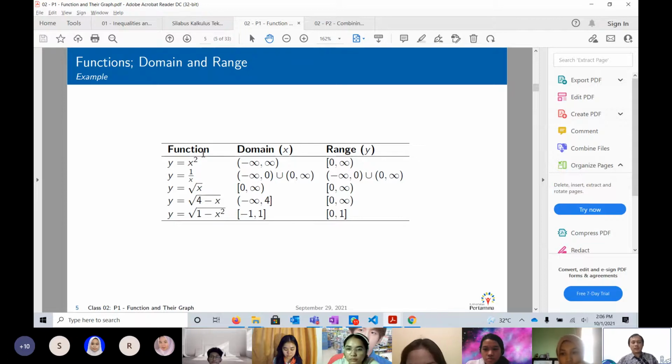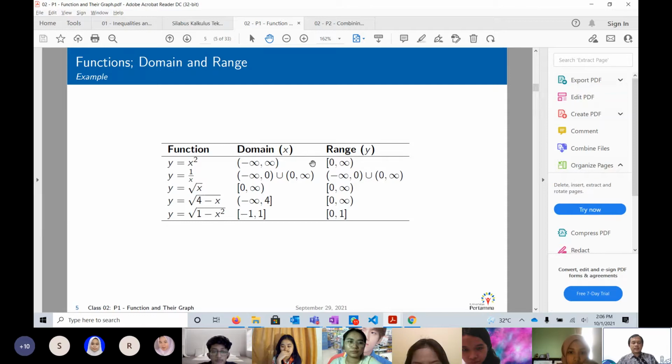But for the range, if we change the values of x over this domain, the values of y will vary from 0 to positive infinity.